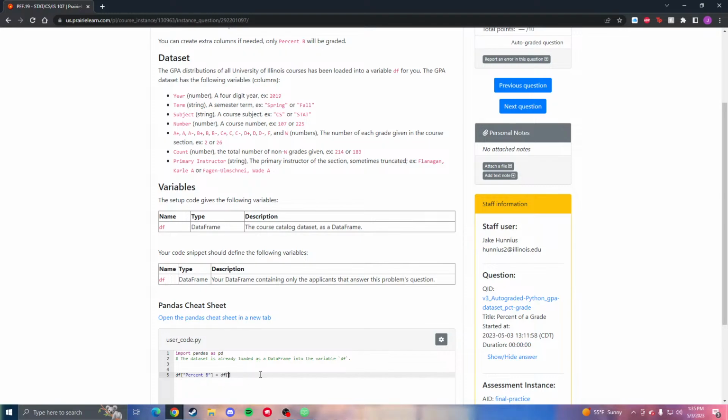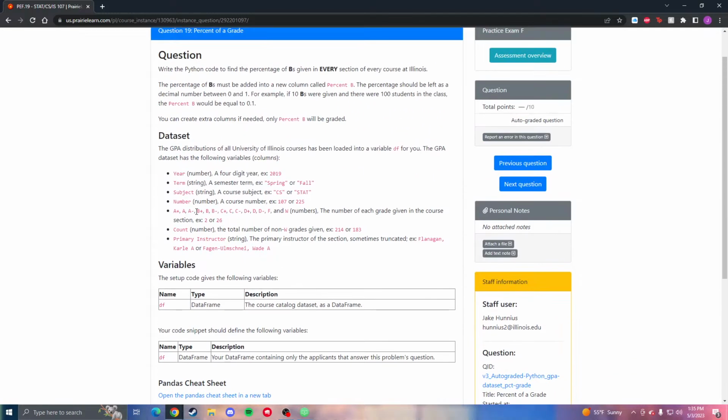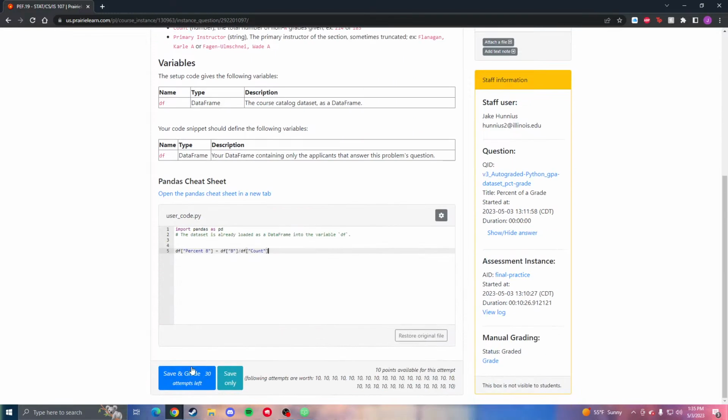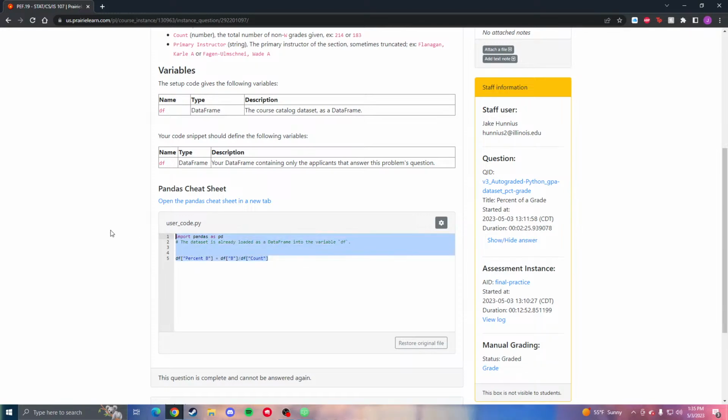And that's going to be equal to the df at B divided by the df at count. So you have a data frame, and all these columns are just integers, and this is the total number of students. And percent %B is just the number of B's divided by the number of students. Does that make sense?